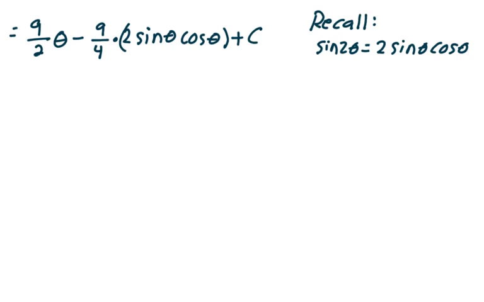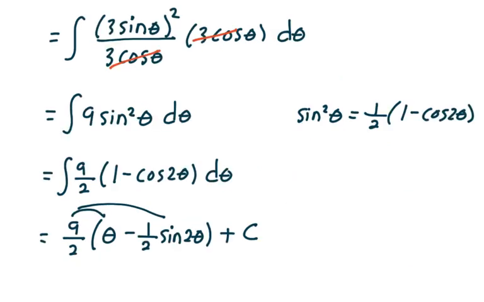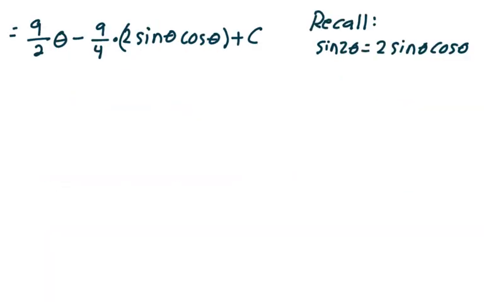Now, let's go back to the triangle. Sine theta is x over 3. Cosine theta is square root of 9 minus x squared over 3. So let's write that down. This is x over 3 is sine theta. So, by the way, theta is arc sine of x over 3.